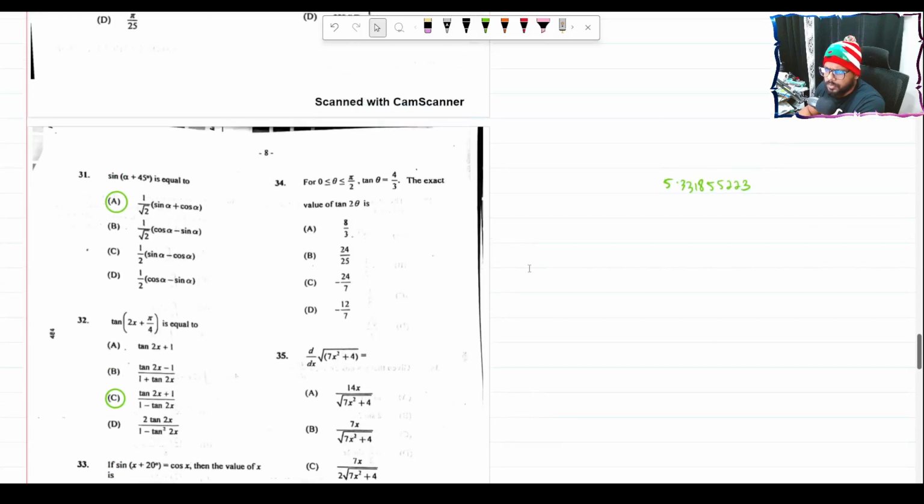Tan theta is 4/3, find the exact value of tan 2 theta. Now, oh boy, I forget what the double angle formula for tan is.